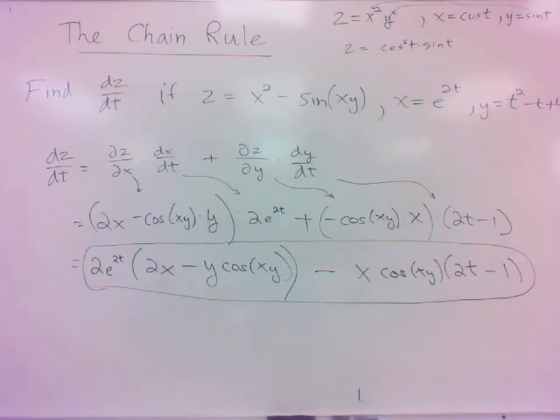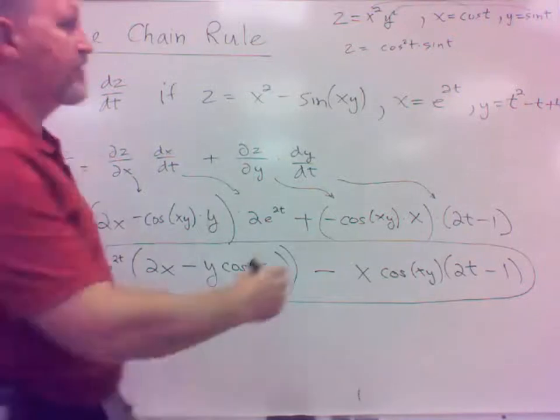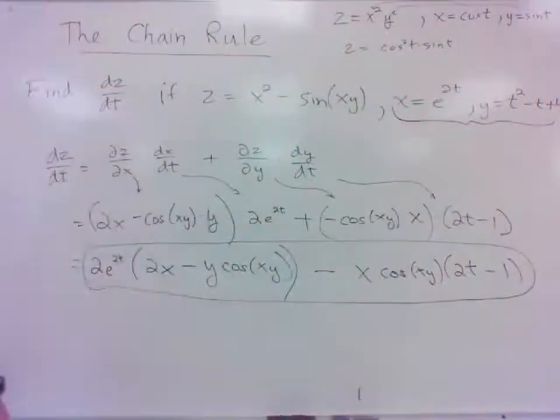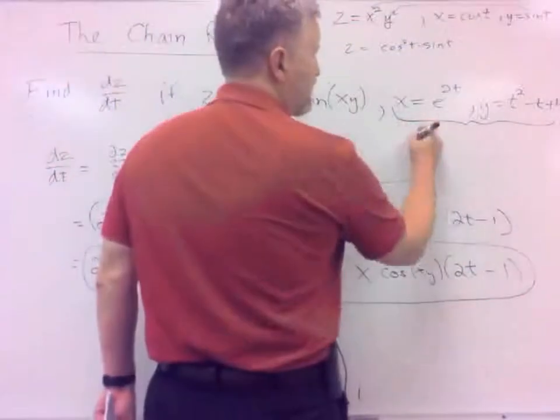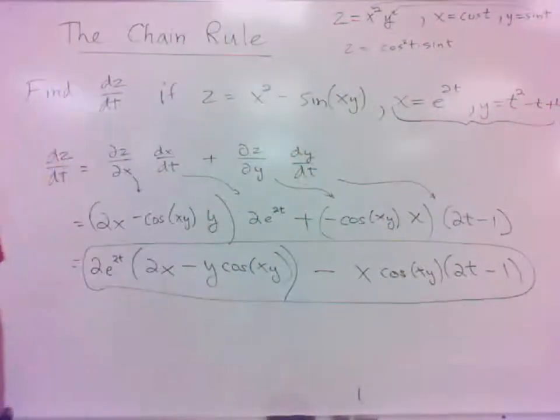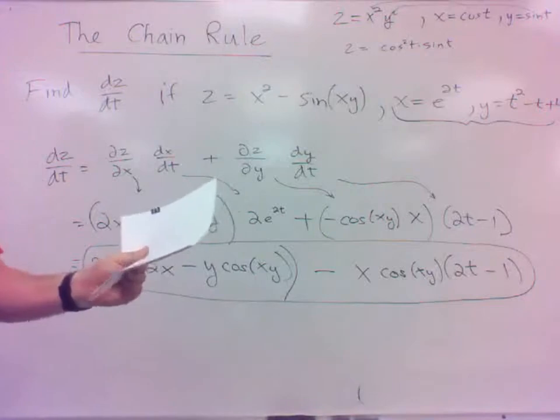Now, the other thing, let me point out, I kind of mentioned it a second ago: what is the reasoning behind this? When would this occur? Well, if we think of this right here as maybe the path of a particle, x equals 2t, y equals t squared minus t plus 4, we did stuff like that back when we were talking about parametric equations.